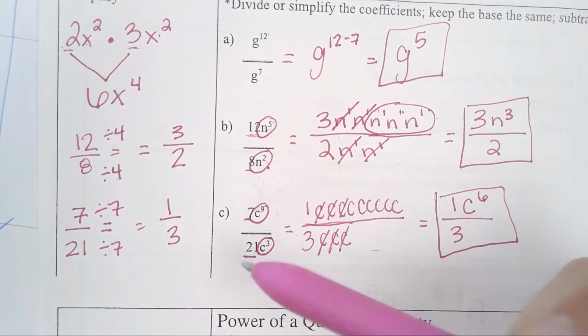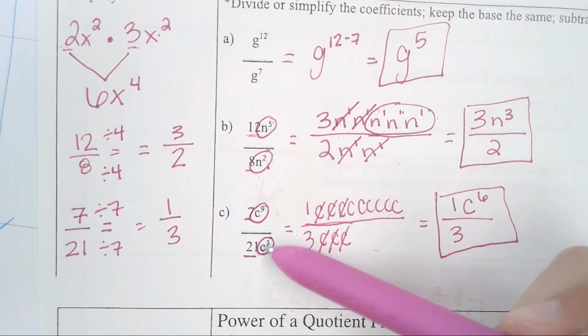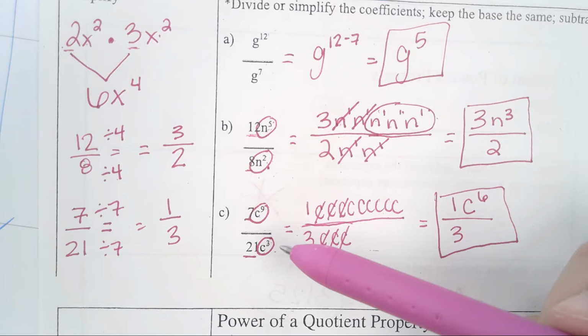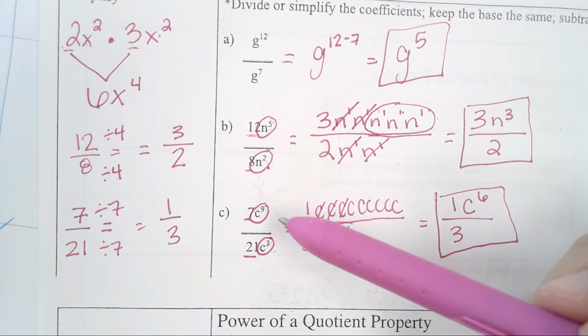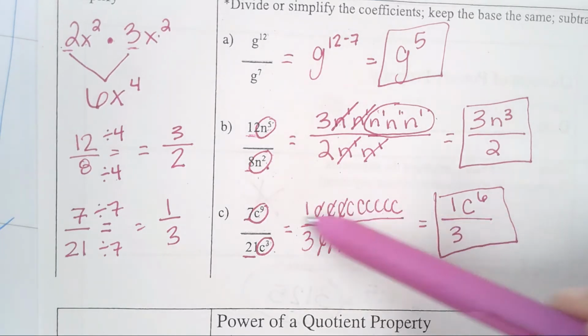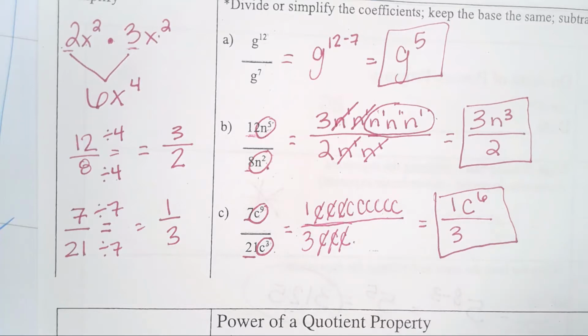And again, we said that c to the 9th divided by c to the 3rd, you just subtract your exponents, so 9 minus 3 was 6. And then we kept it in the numerator because we had more c's in the numerator compared to the denominator.